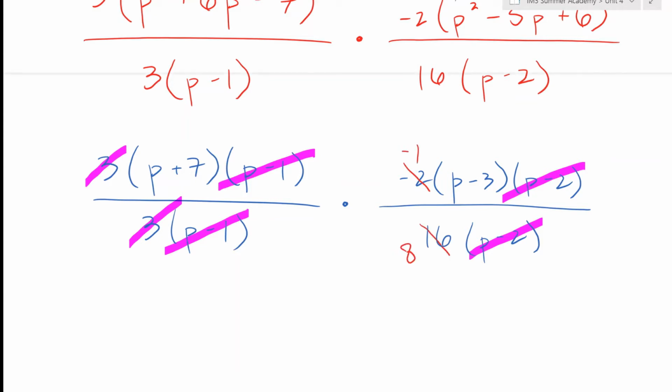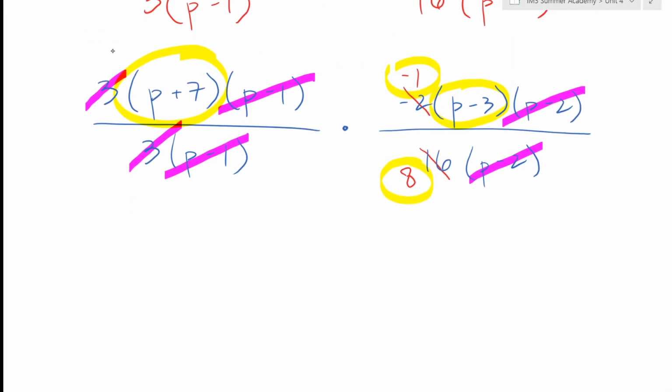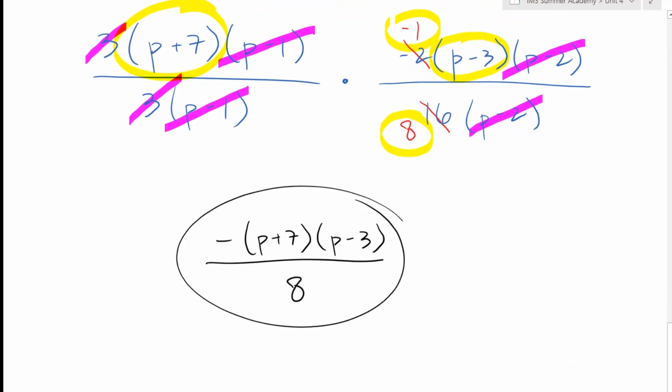Then I identify everything that's left: the p plus 7, the negative 1, the p minus 3, and this 8 on the bottom. So a negative sign, a p plus 7, a p minus 3, and on bottom, all that's left is that 8. And there we go for our final answer on that one.